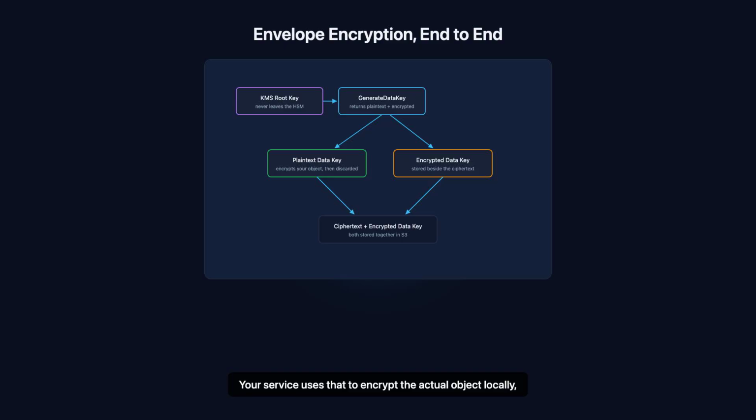Your service uses that to encrypt the actual object locally, then wipes it from memory. The second is an encrypted copy of that same data key. That encrypted copy is safe to keep around. So at the bottom, both pieces get stored together, your ciphertext and the encrypted data key sitting right beside it. The data key you need to unlock it is useless without a callback to KMS.